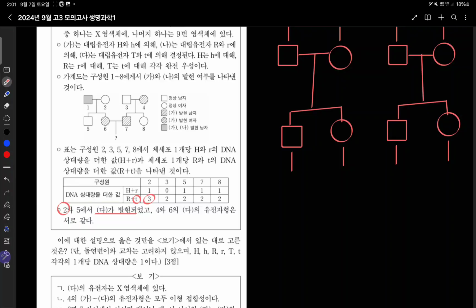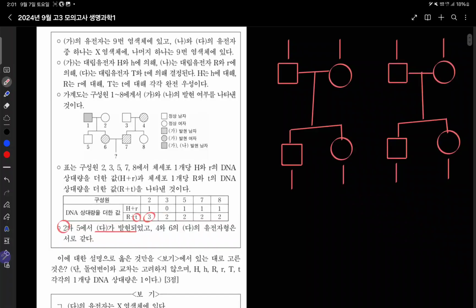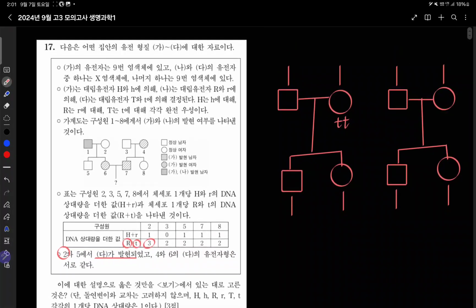So that means in number 2, she's homozygous for the lowercase t allele. So she needs to have one capital R allele, and because she doesn't have the second trait, that means the second trait is also a recessive trait. So she will be heterozygous for the second trait.